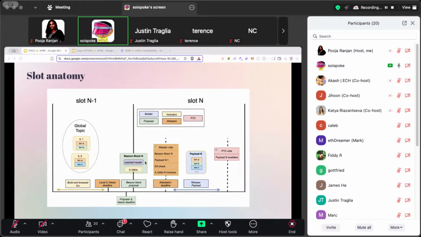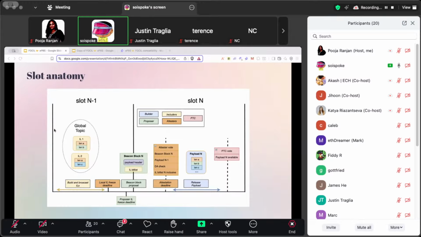You want to choose the highest one, exactly how it happens today. It also depends on whether the IL bit list includes all the ILs that are seen by the proposer until its own freeze deadline. That's a new field that is included in the beacon block.